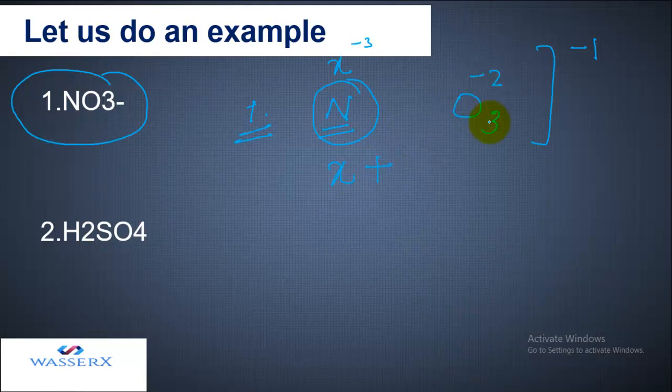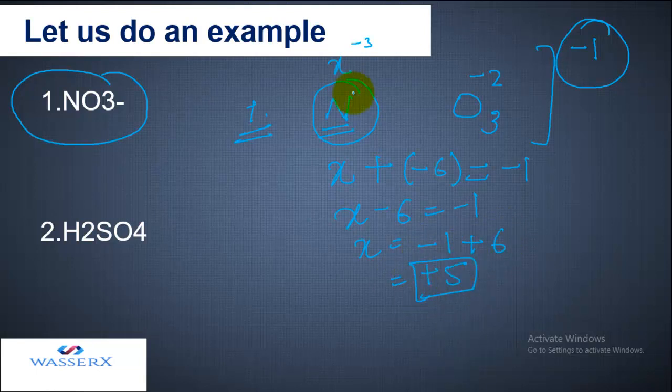Oxygen is -2, 3 atoms, so that becomes -6, and it is equated with -1 because the overall charge is -1, and for complex ions, the sum of the oxidation states of all the atoms is equated with the charge present on it. So let's solve. X minus 6 is equal to -1, which further gives X equal to -1 plus 6, which comes out to be +5. So +5 is the answer for nitrogen in this case.